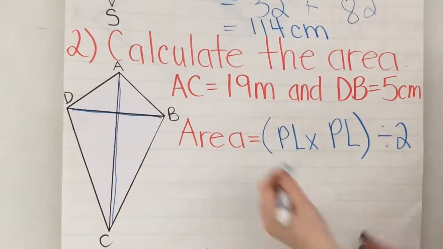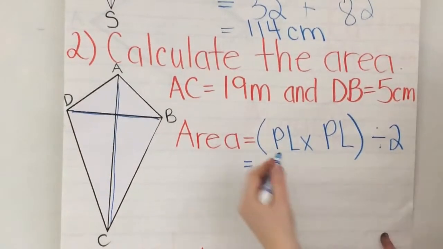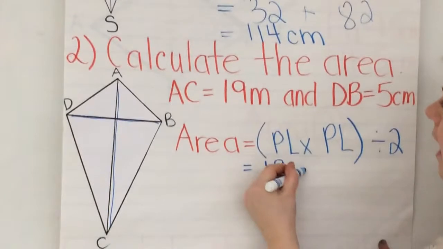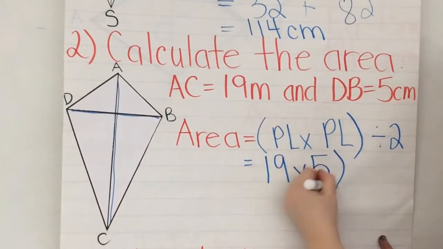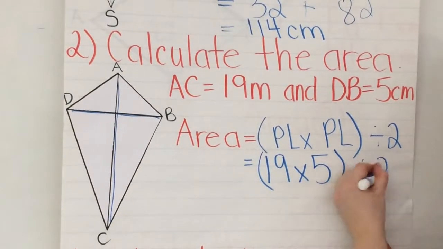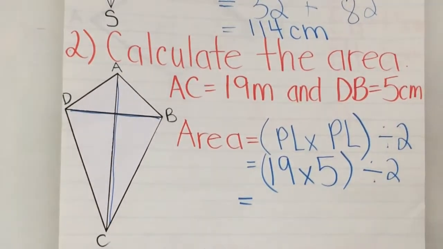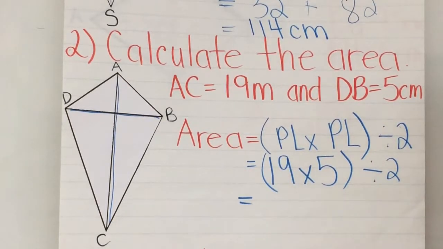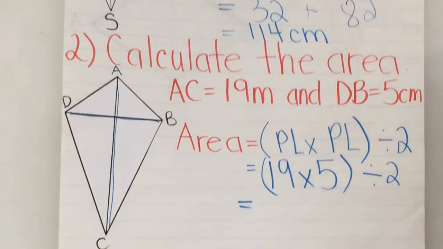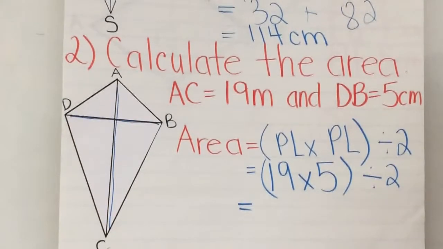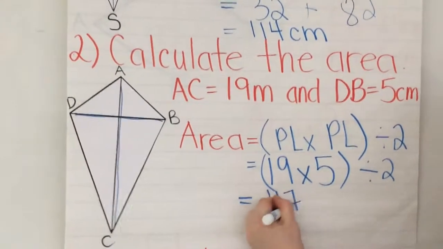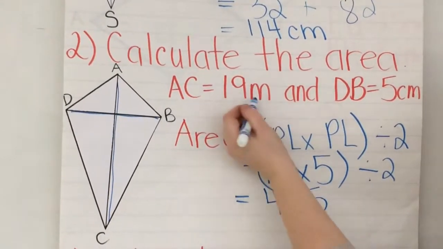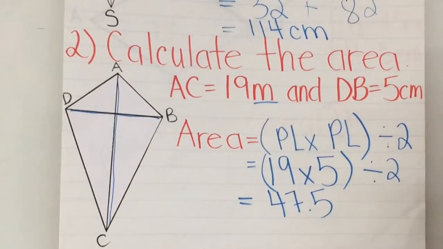All right, so I have my first parallel length, which I know is 19 meters, and then I can multiply that by my second parallel length, which is 5 meters, and then I can divide that whole number by 2, and then I can get my answer. So 19 multiplied by 5 ended up being 95, and my answer, 95 divided by 2, is 47.5.